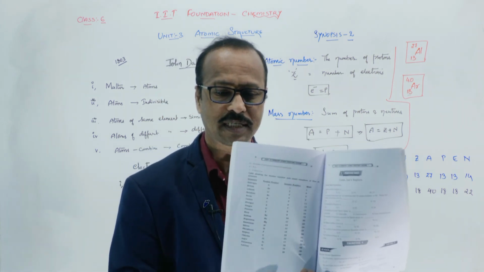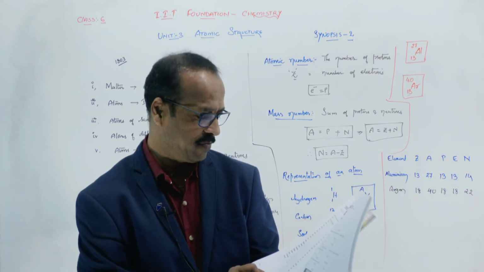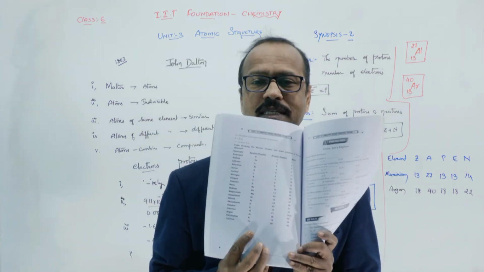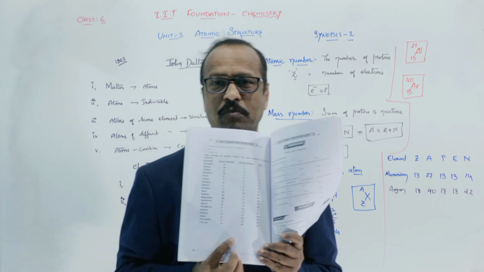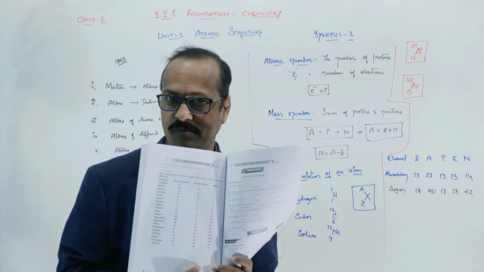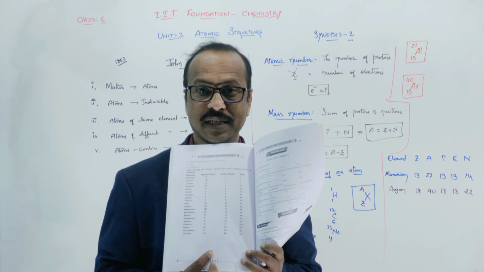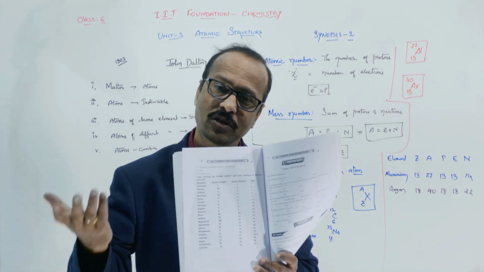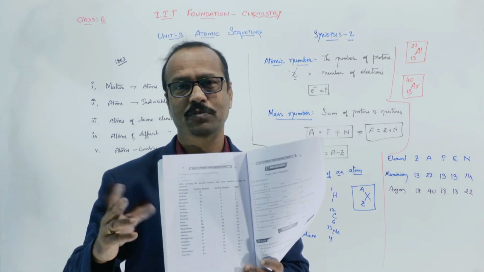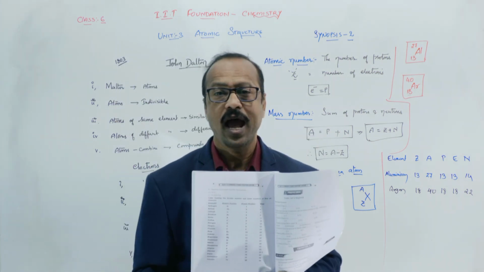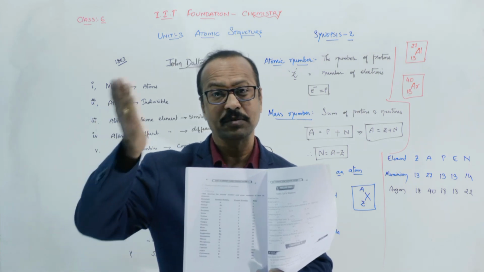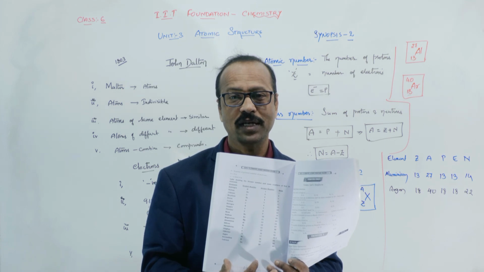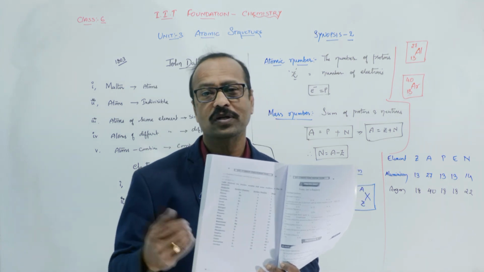For example, take calcium: symbol Ca, atomic number 20, mass number 40. So there are 20 protons, and electrons also 20, because protons and electrons are the same. Neutrons is mass number minus atomic number: 40 minus 20 is 20. So the number of neutrons is 20.